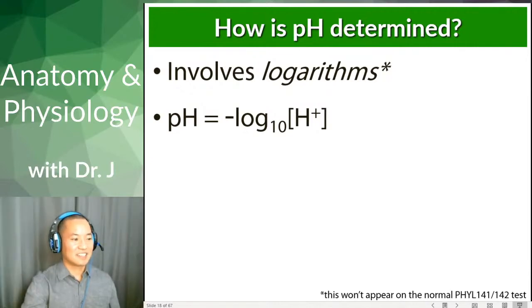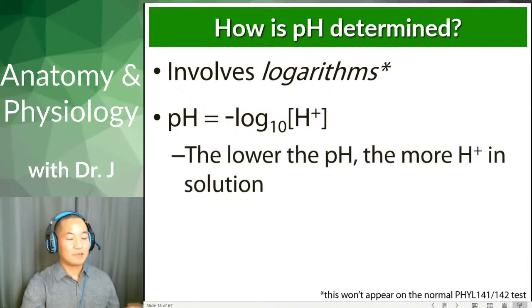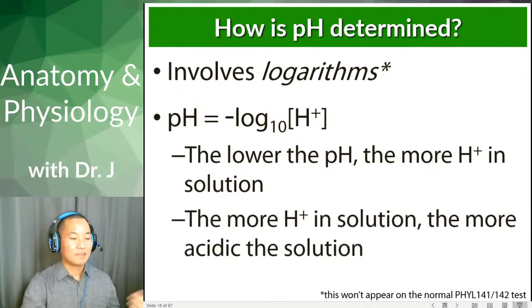And this negative sign is the whole reason behind that counterintuitive part of pH. So again, the lower the pH, the more protons you have in the solution. The more protons you have in the solution, the more acidic the solution. This is the counterintuitive part: this negative sign right here, and lower pH means more acidic, more protons.